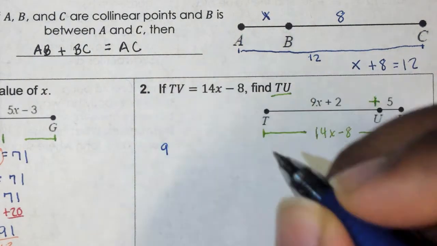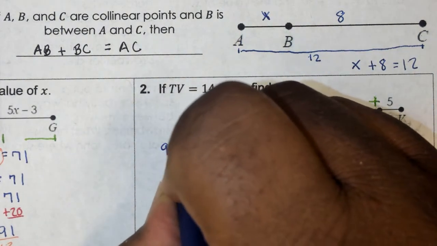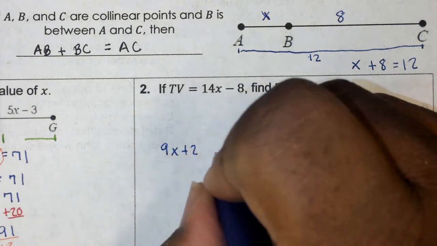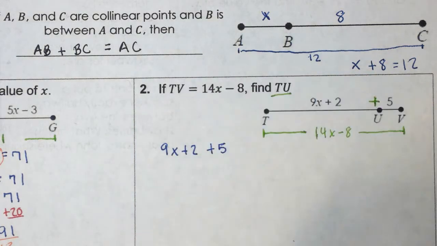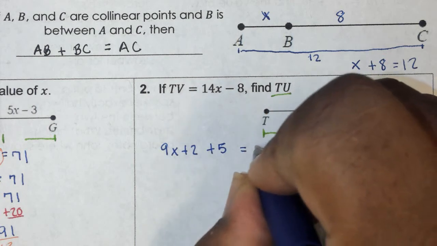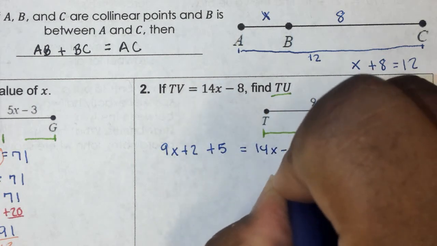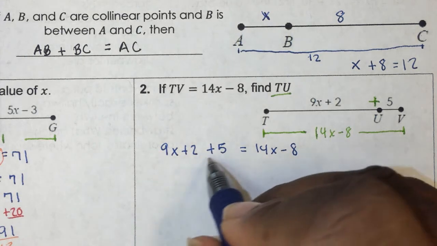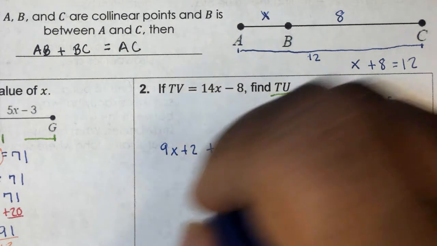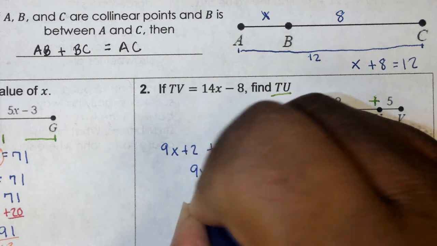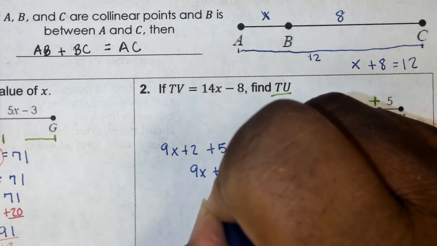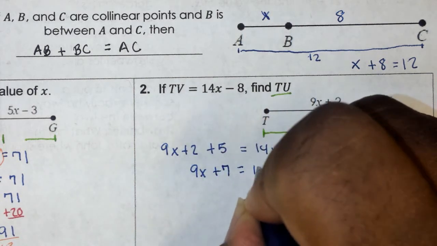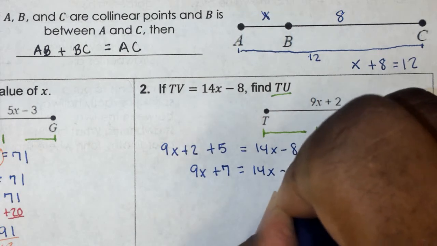So 9x plus 2 plus 5 equals 14x minus 8. Then from there, my like terms are already grouped together, so just combine them. 9x plus 7 equals 14x minus 8.